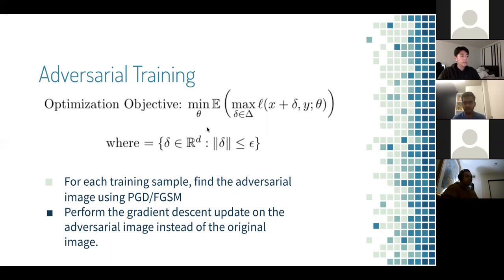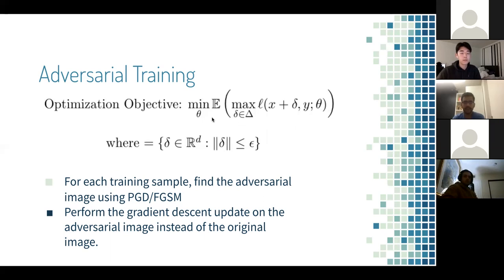You basically, so once again, to re-emphasize, you try to reduce the maximum amount of damage that an attacker can do. Note that if you ignore the minimum part of the optimization objective, just maximizing the loss for some delta, that is what an attacker would want to do, right? The attacker wants to maximize the loss.